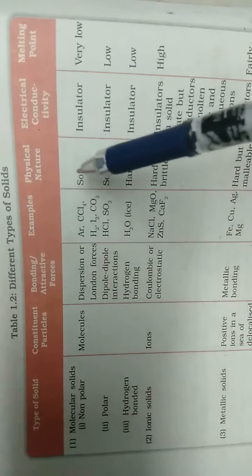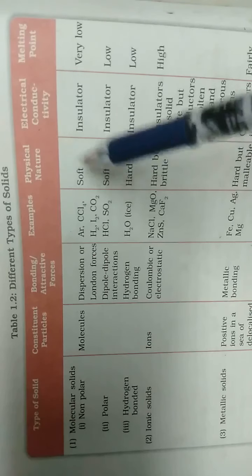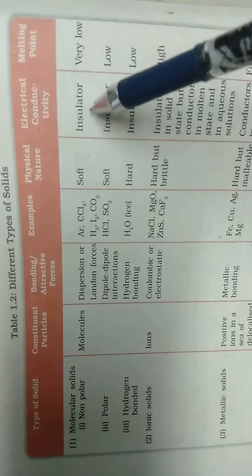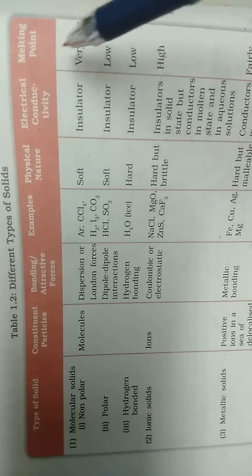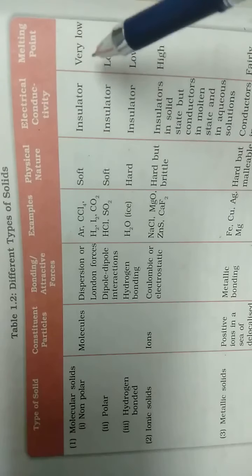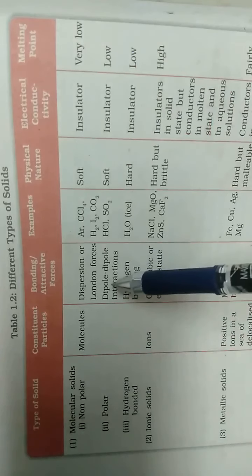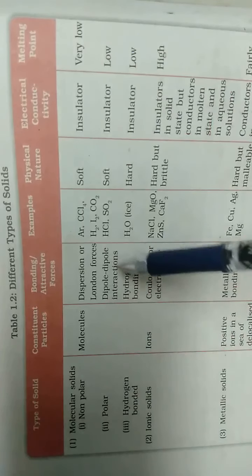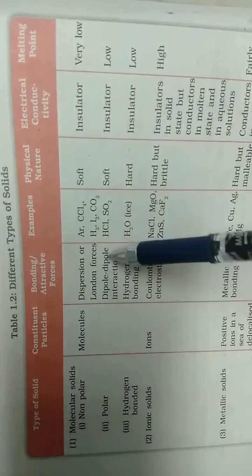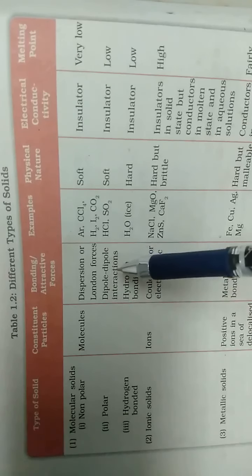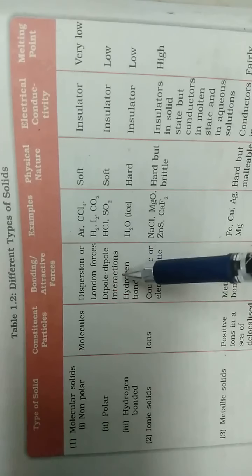And these are physically soft. Electrical conductivity: they don't conduct electricity, so they are called insulators, and melting point is very low. In polar molecular solid, molecules are held together by the dipole-dipole interactions or dipole-dipole forces. Dipole-dipole forces means the forces of interaction between two polar molecules.